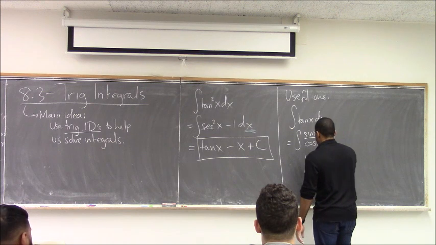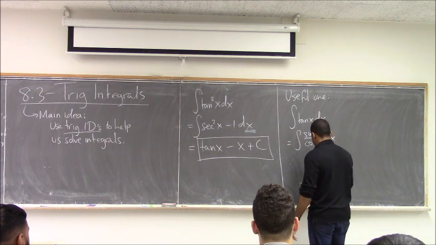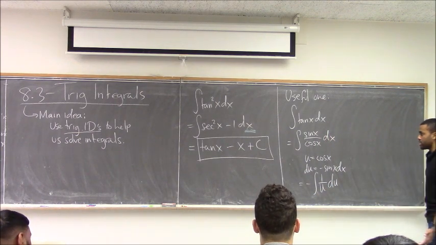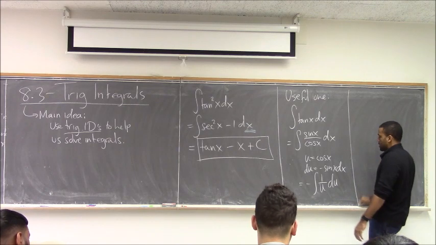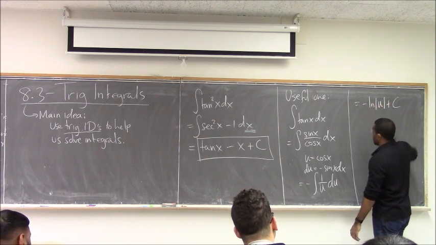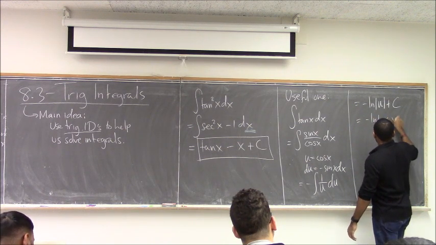So du should be negative sine x dx. Now your substitution is going to work because you don't have a sine squared, you just have a sine. That will give us minus ln of the absolute value of u plus c, which in this case is cosine x.